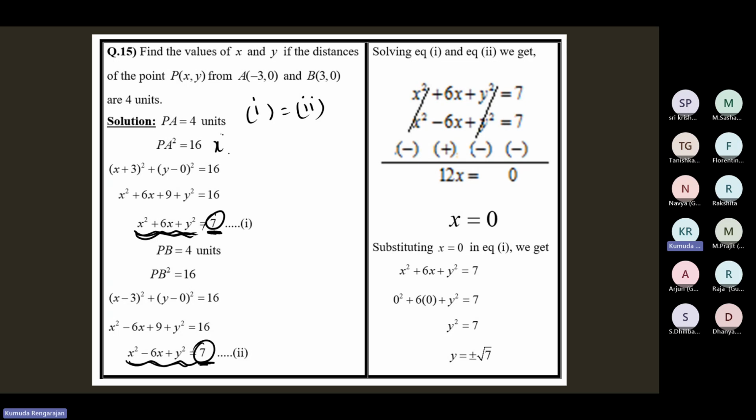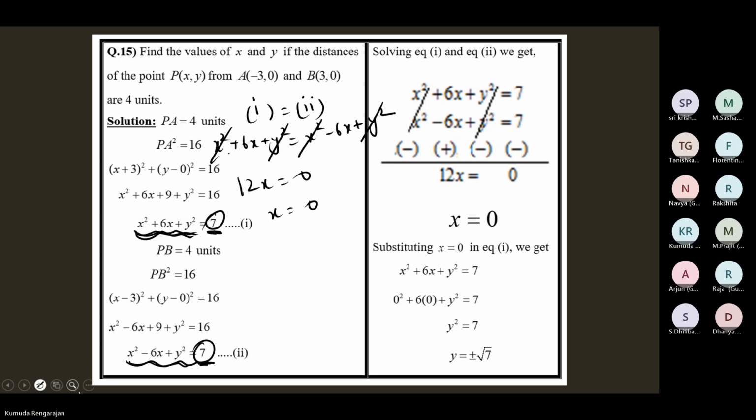So x squared plus 6x plus y squared is equal to x squared minus 6x plus y squared. So x squared gets cancelled on either side, y squared on either side. Then 6x plus 6x, 12x is equal to 0, x is equal to 0.